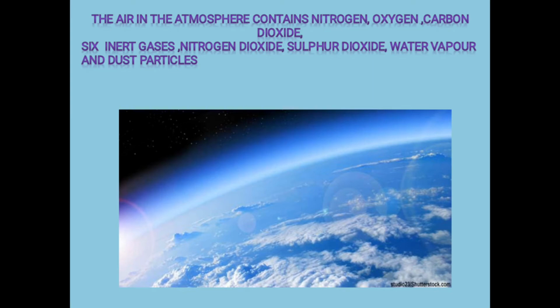Students, do you know that the layers of the atmosphere contain different gases? They are nitrogen, oxygen, carbon dioxide, 6 inert gases, nitrogen dioxide, sulfur dioxide, water vapor, and dust particles.